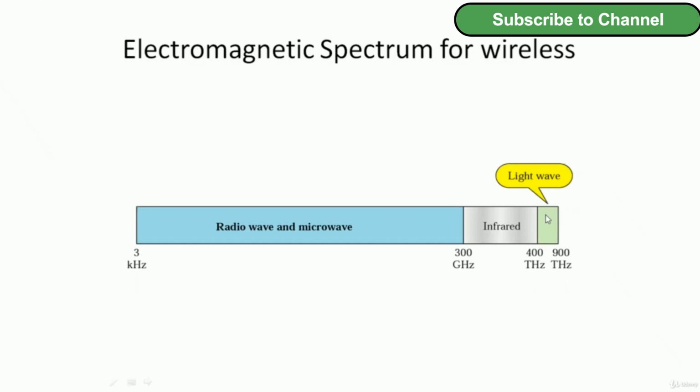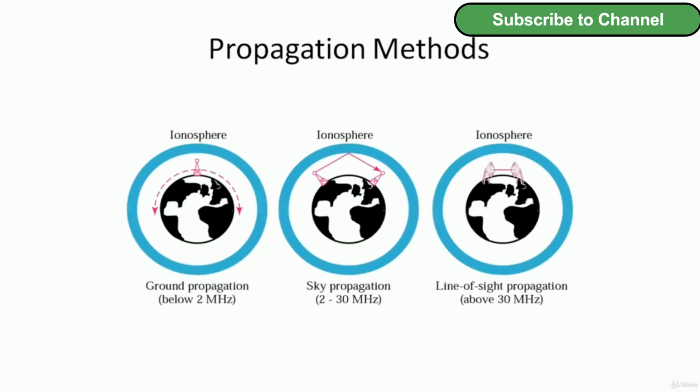This is the range of the light wave in which these devices operate. Then propagation method. How the signal propagates, or we can say how this electromagnetic signal propagates.